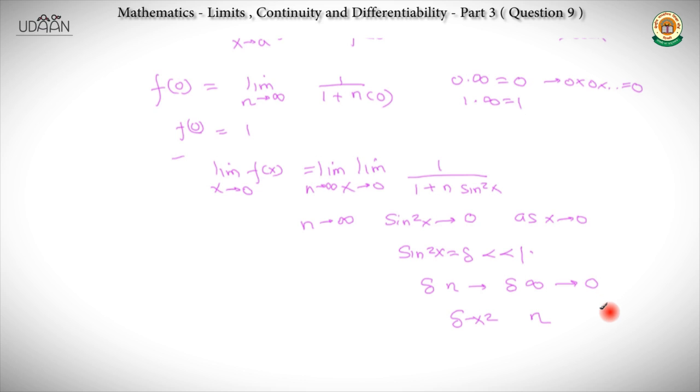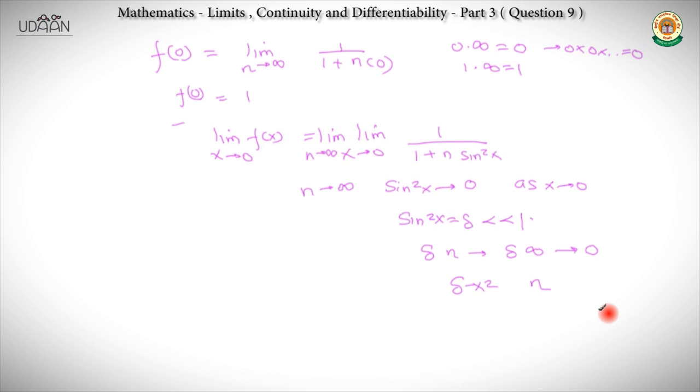Applying this concept, the limit as x tends to 0 of f of x becomes 1 plus 0, which is equal to 1. So we can conclude that since the limit as x tends to 0 of f of x equals f of 0, it is a continuous function.